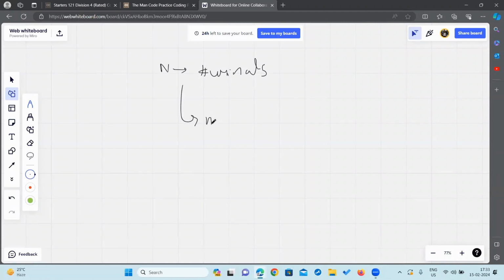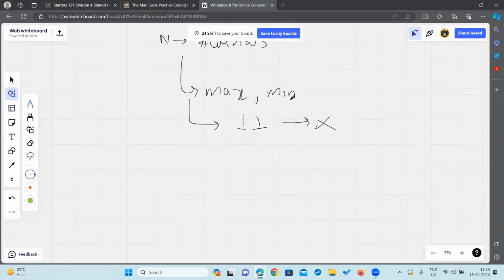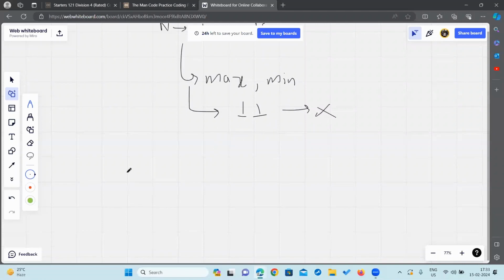The first is the maximum number of people, and the second is the minimum number of people, who can be using these urinals simultaneously such that they don't violate the condition that two urinals are adjacent. It's not allowed for two people to be using adjacent urinals. So this is the condition, and we have to return the maximum and minimum number of people.